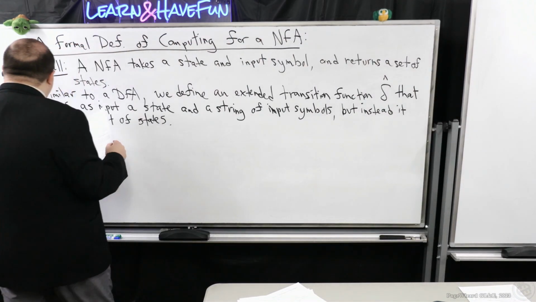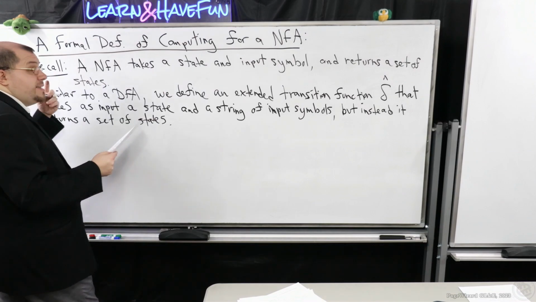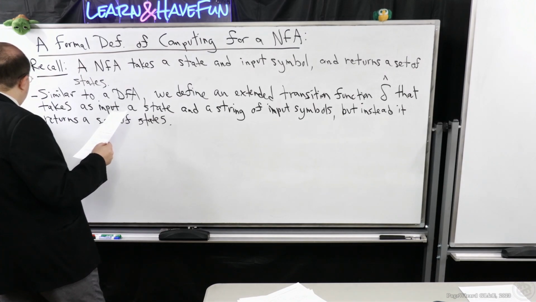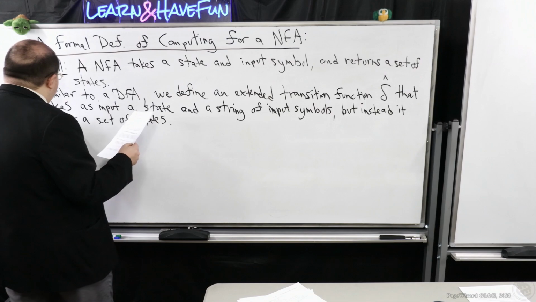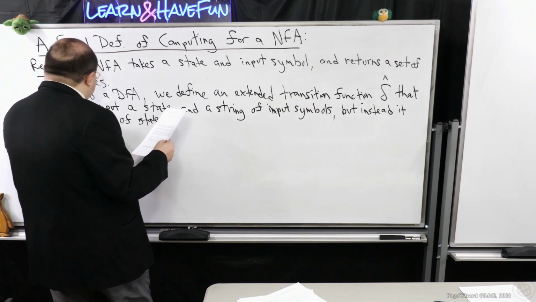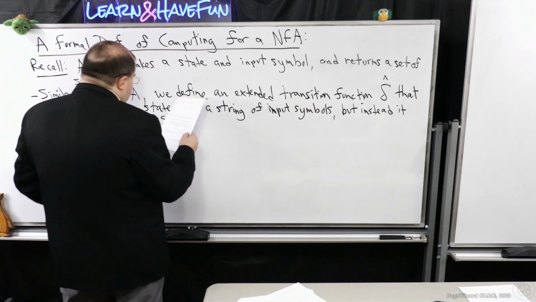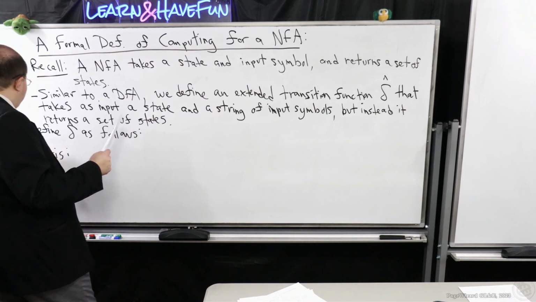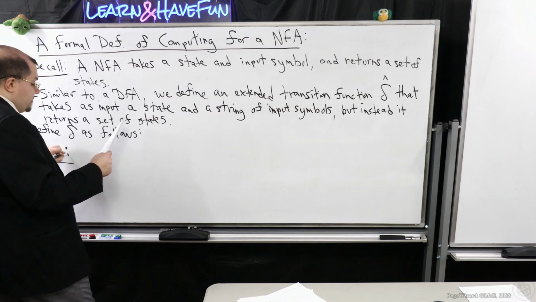So we're going to define it now formally in an inductive way. You can also think of this recursively, of course. So we're going to define delta hat as follows. Here's our basis. This is what you do if you have an empty string.